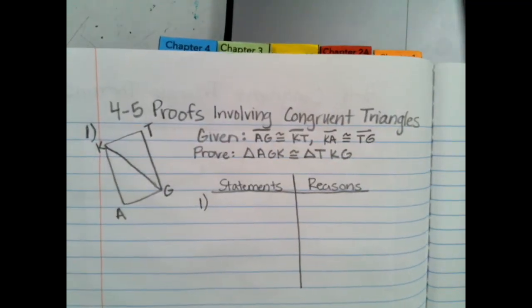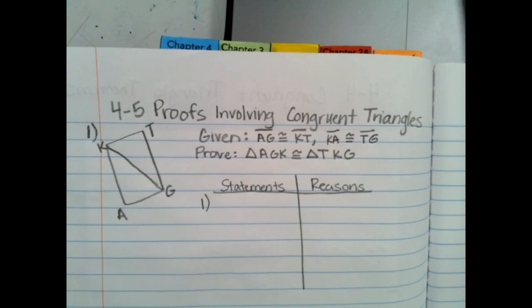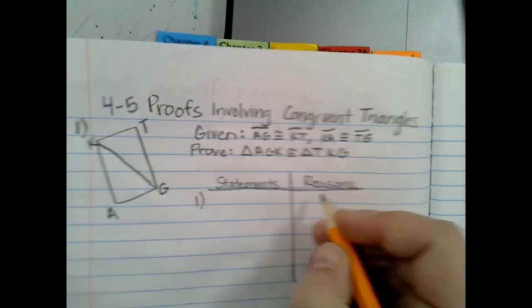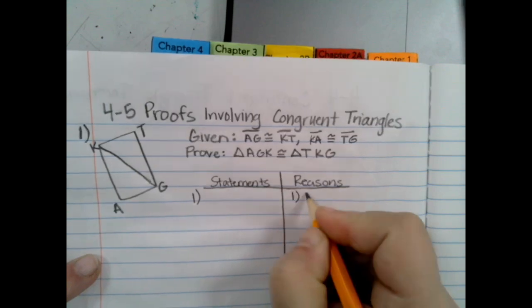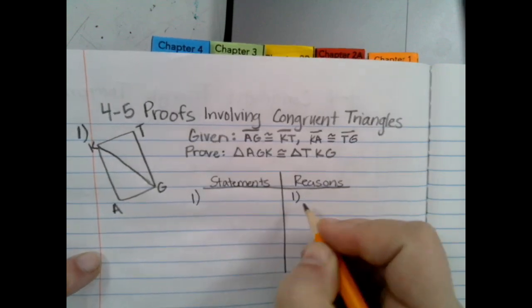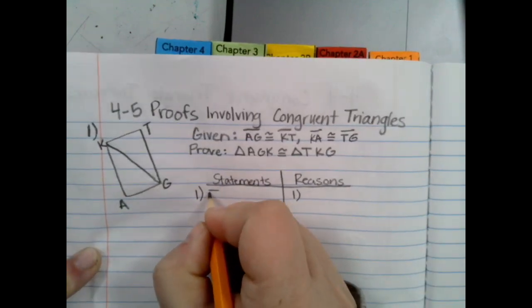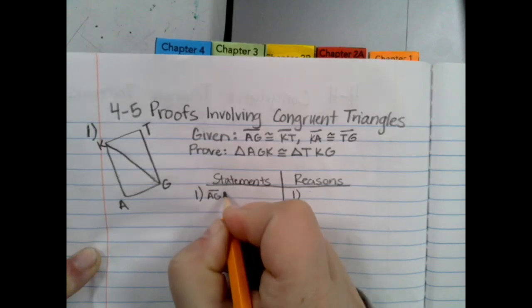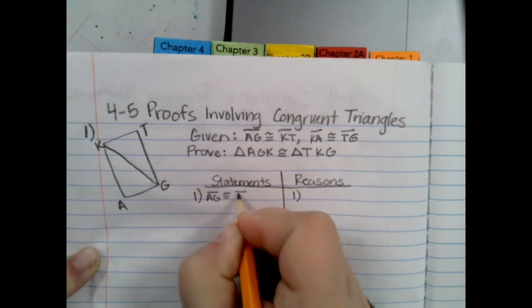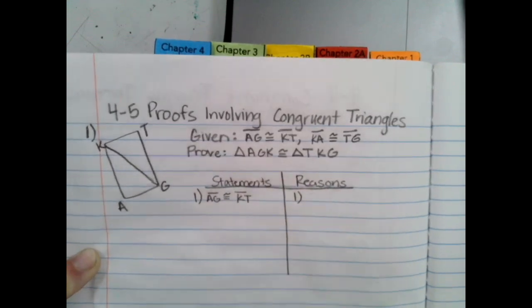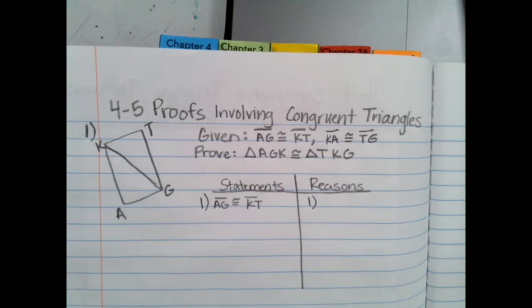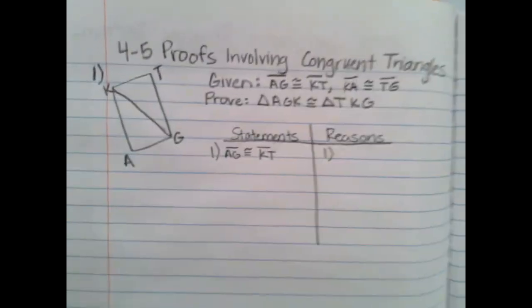All right, number 1, our first statement. What is our first statement going to be? What's our first reason? Good, that's a statement. Segment AG is congruent to segment KT. And what else are we given?